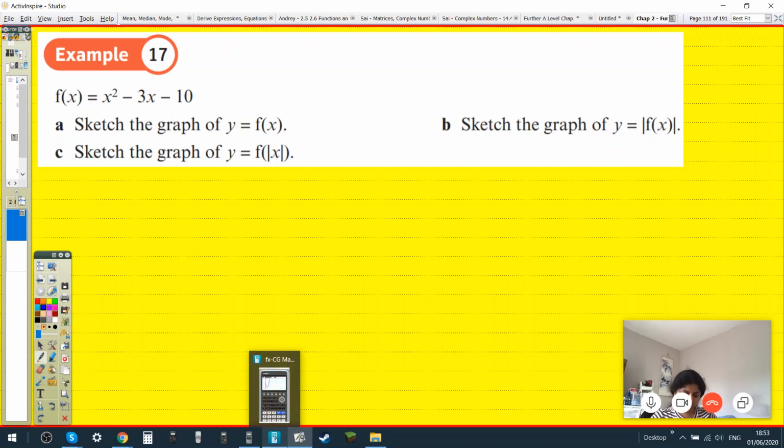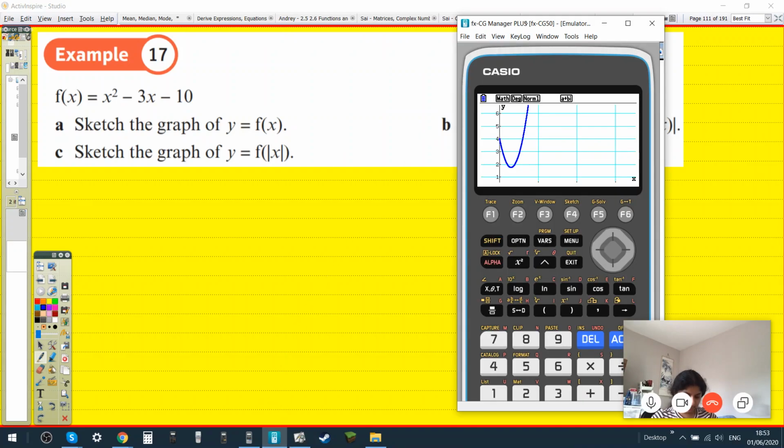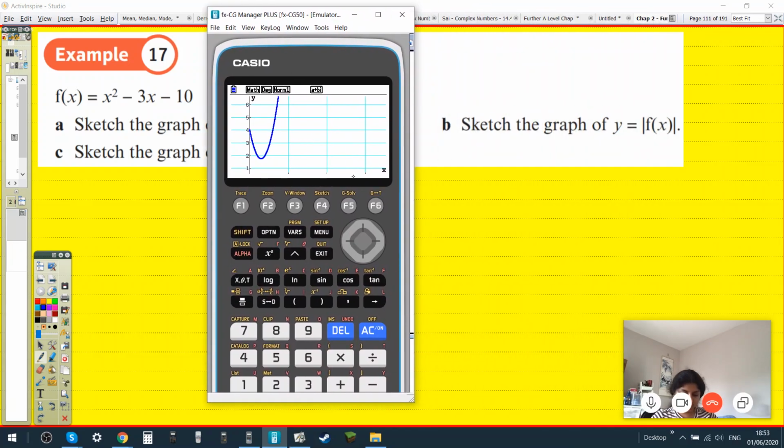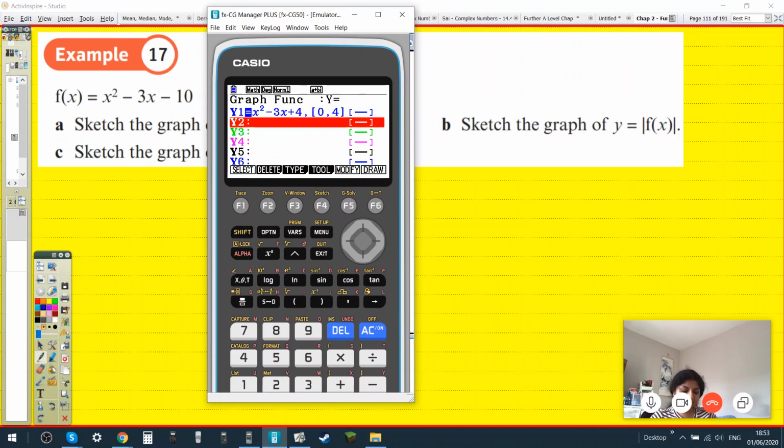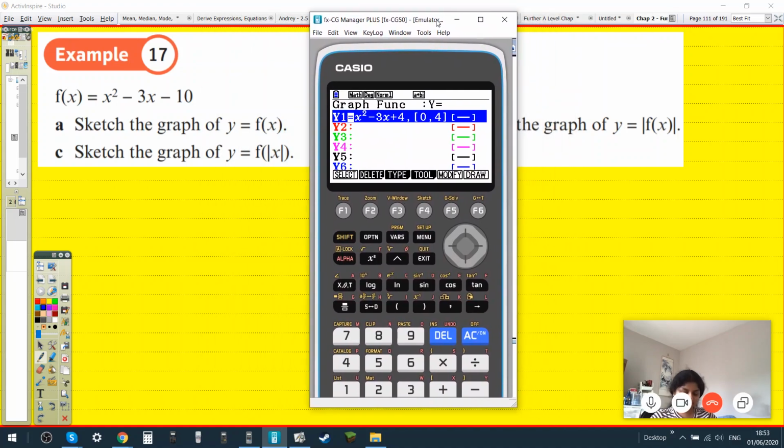So it would just be... did you just do the modulus of everything? Yeah. I'm happy with it.